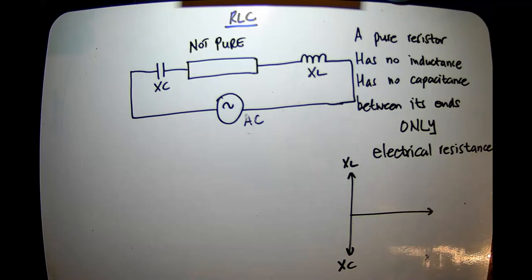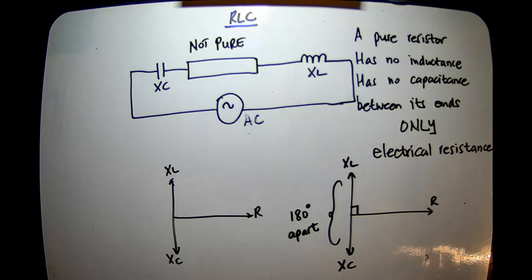The reactance of the inductor is on top and the reactance of the capacitor is on the lower side. There is 90 degrees between XL and R, and between XC and R. So in effect, they are 180 degrees apart from each other. 90 and 90 is 180. This is what we call the phasor diagram.